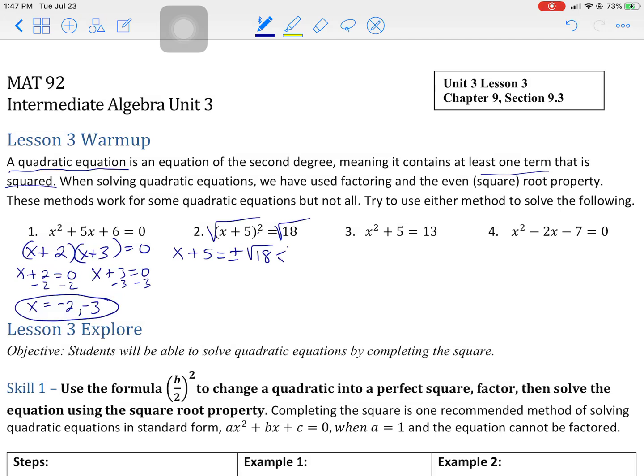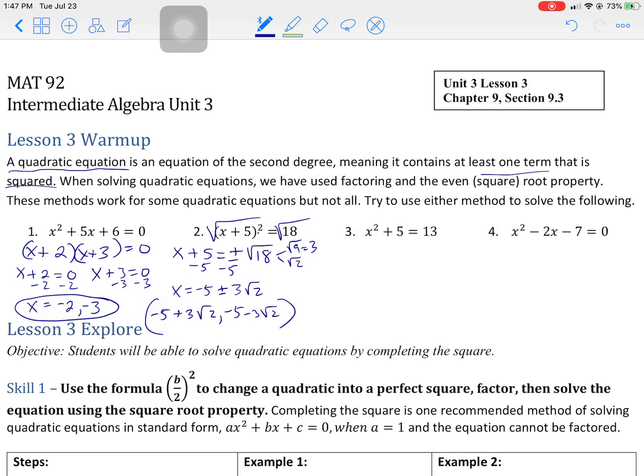And 18 is the square root of 9 and the square root of 2, and then we're going to move the 5 over. So x equals -5 plus or minus 3 square root of 2. Okay. So -5 plus 3 square root of 2, -5 minus 3 square root of 2.